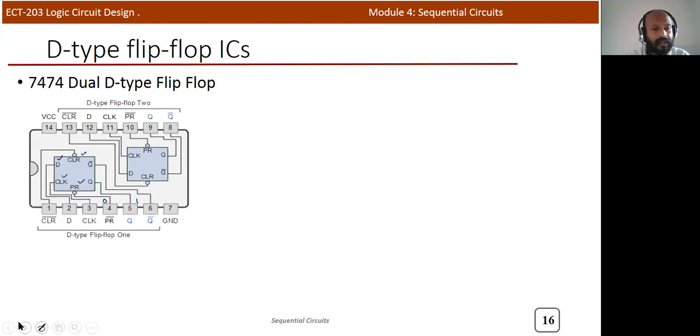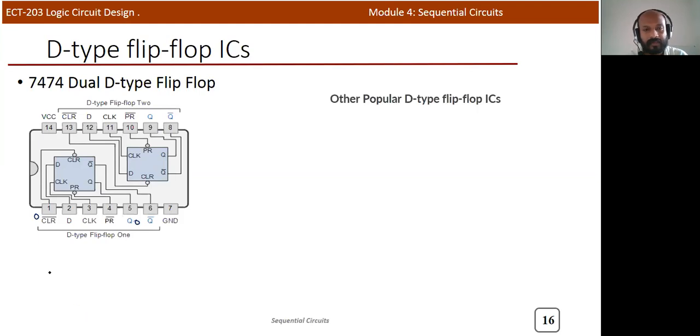And if you apply an active low clear signal at pin 1, your Q output is equal to 0. Similarly, you can use two flip-flops in this particular IC. All other pins are familiar: D, clock, Q, and Q bar. Similarly for the other flip-flop.